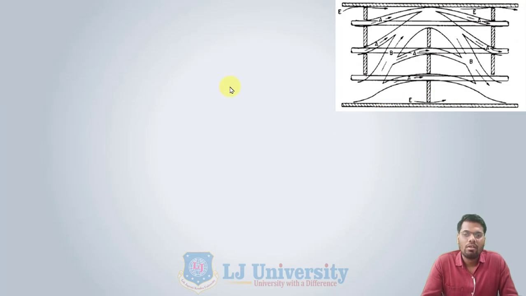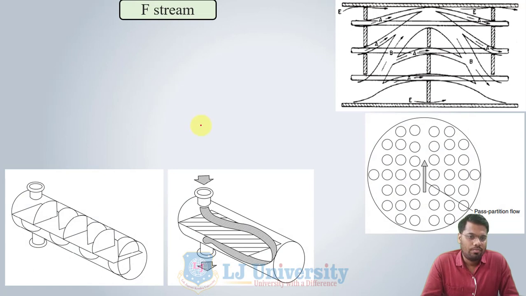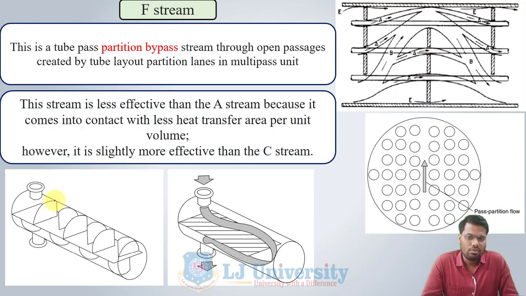Okay. Now what is the F stream, which is not shown in this figure? Suppose there is a shell and tube heat exchanger which uses a partition bypass. Here you can see that this is a partition bypass. In this type of heat exchanger, some fluid flows at this surface, which is not going to come into contact with the surface of the tubes. This stream is known as the F stream.